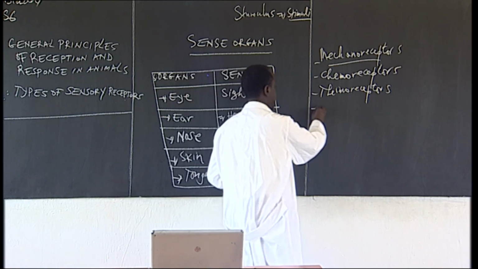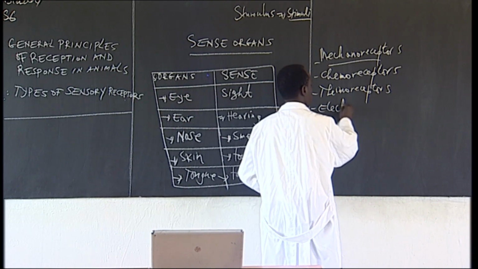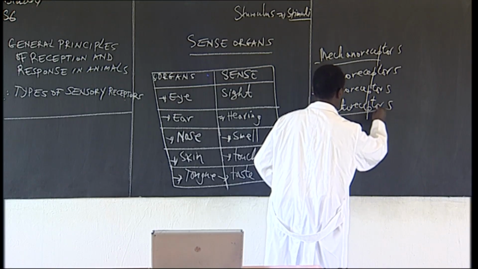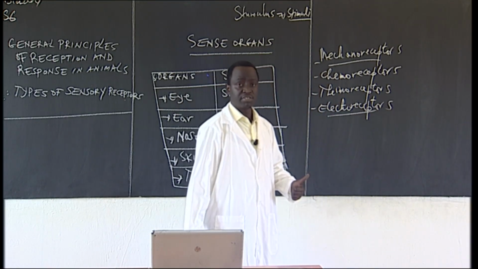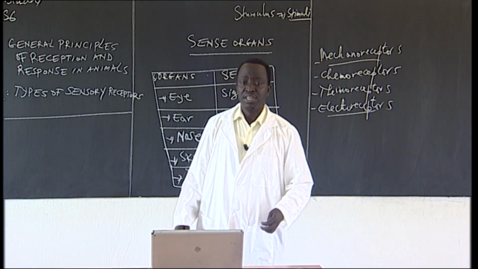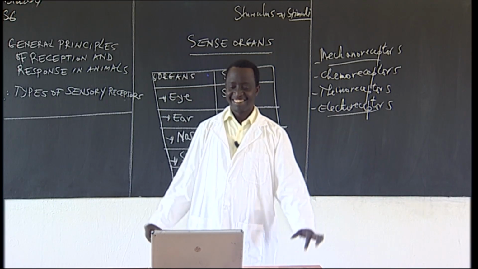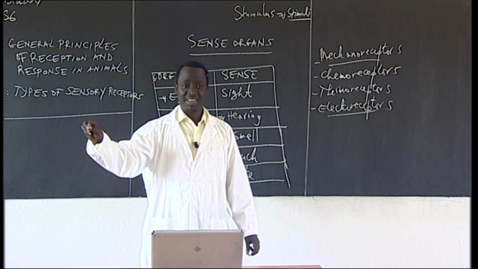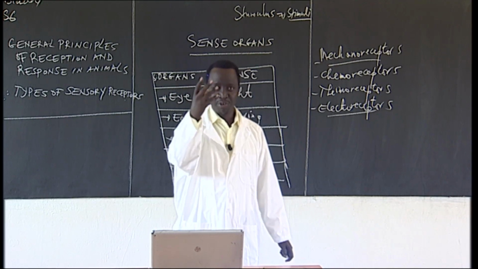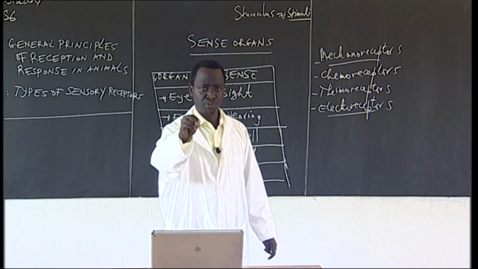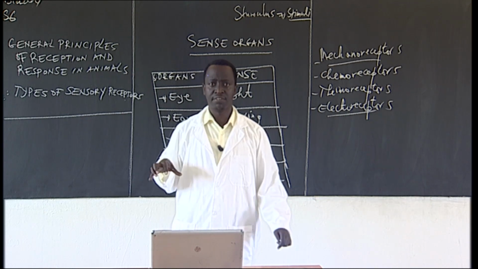We have now what you call electroreceptors. So those ones, they do detect what? The electrical field. Sometimes you can touch electricity with your finger. What's going to happen? You quickly remove your what? Your finger from what?